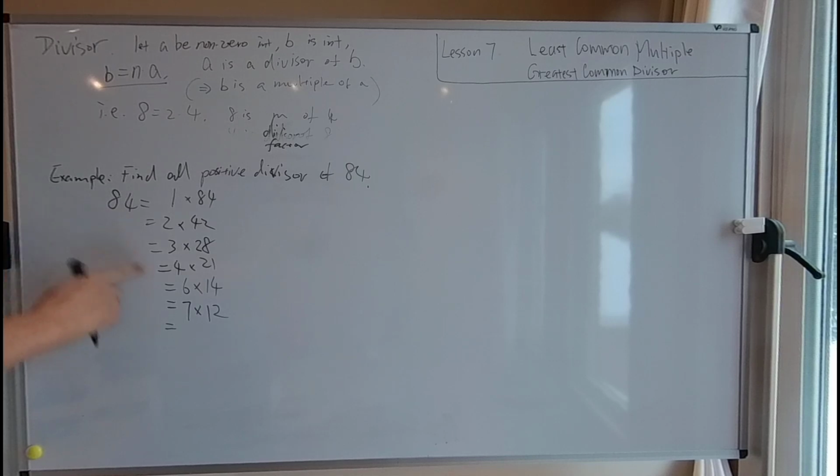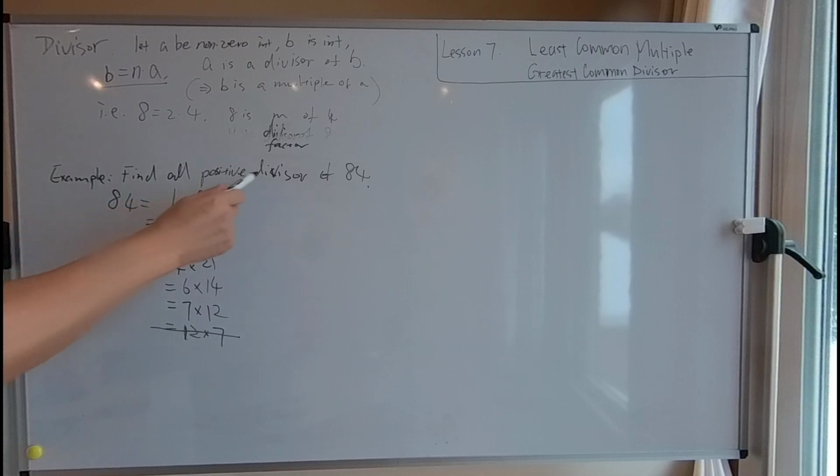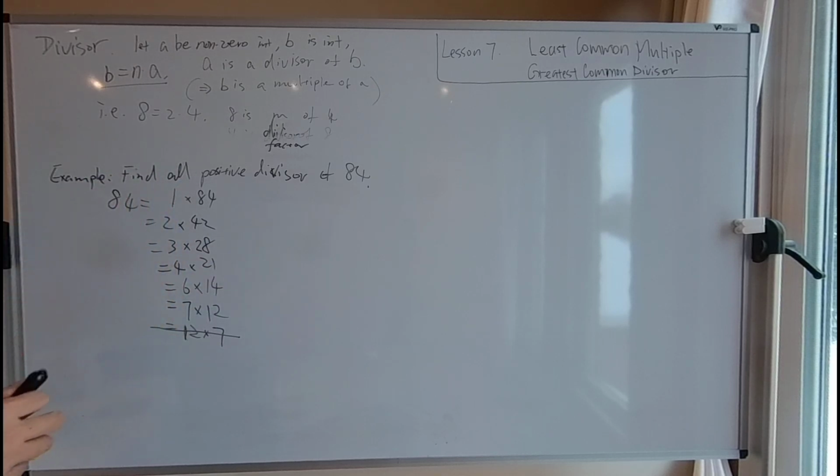You can keep going up to 11. It's not divisible by 11. So if you further try 12, you're going back to 12 times 7, which is already presented here. And if you keep trying, you will get the same factors that you already found. So that's why I'm saying that you can stop halfway, because the factors come as pairs. So after here, you find all the divisors, or all the factors, of the number 84, which are all the numbers I listed here.